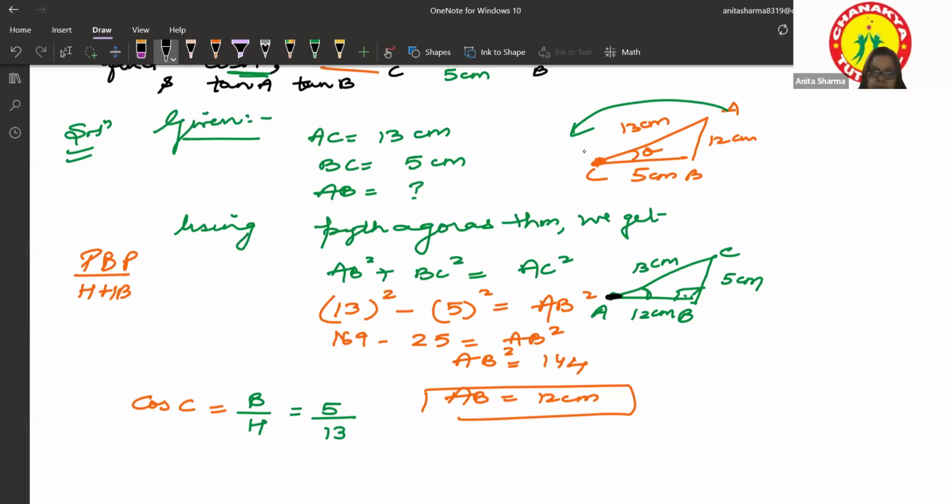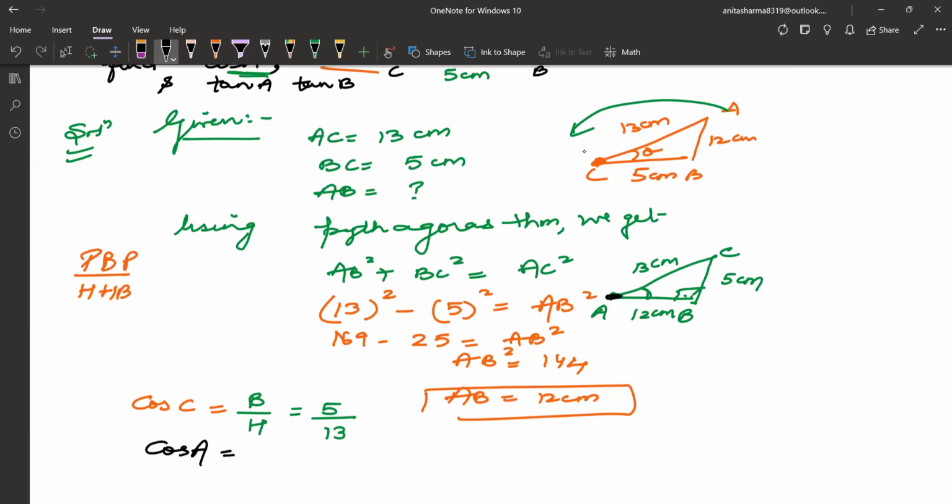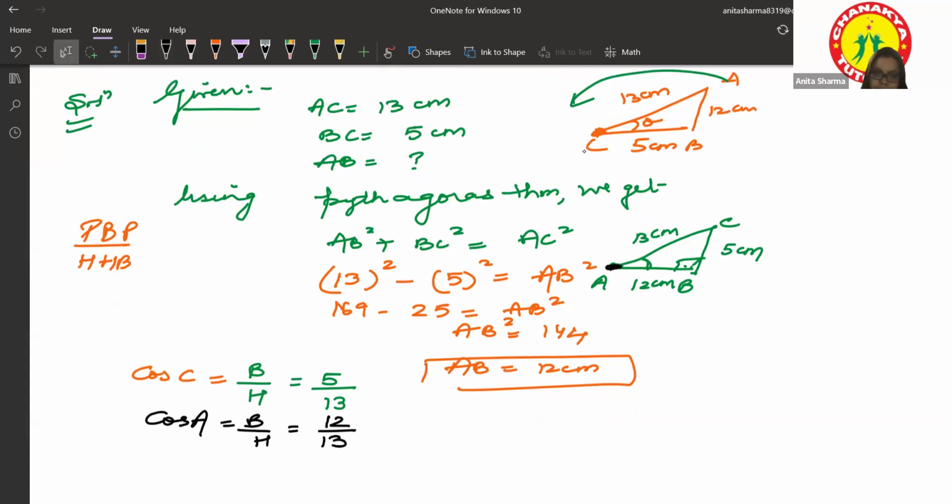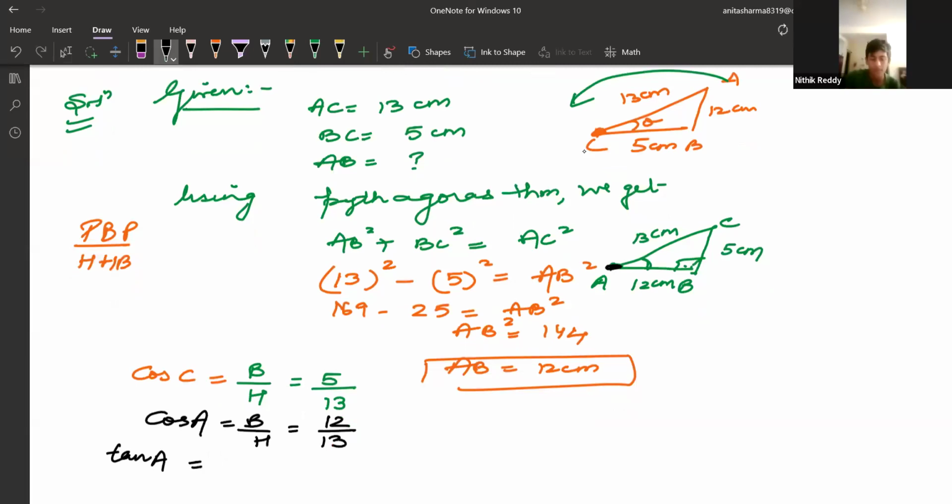Okay. So now Anurag, please tell me the ratio for cos A. Ma'am, it is the same, base by hypotenuse again. Then 12 by 13. Yes, very good. Now Nitik, tell me the value for tan A. Tan A, yes, beta.